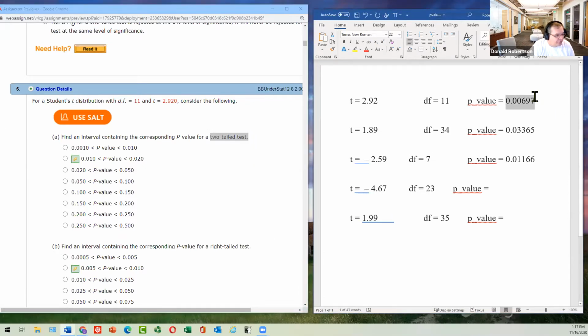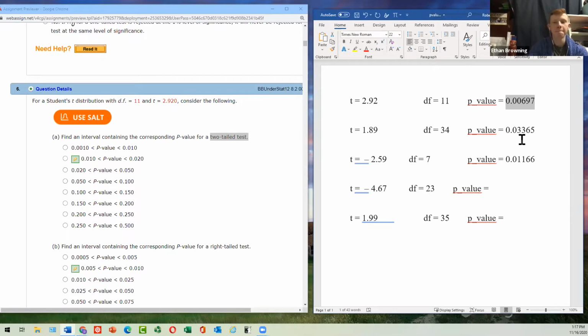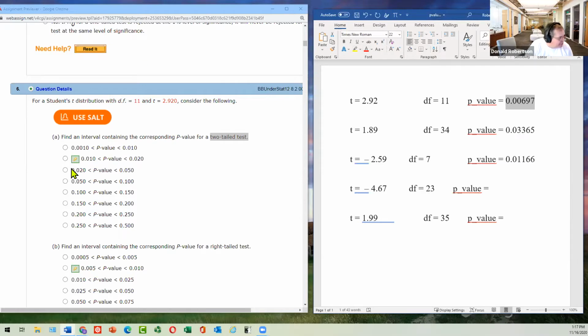Now, for a two-tailed test, what do you do with this p-value? When it's a two-tailed test, you double it, right? Now, if you double that number, can you trust me that the answer that you get is in the range from 0.01 to 0.02?